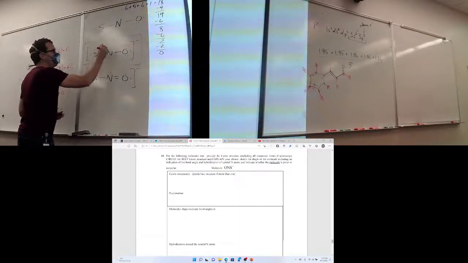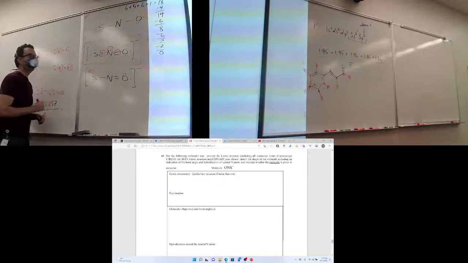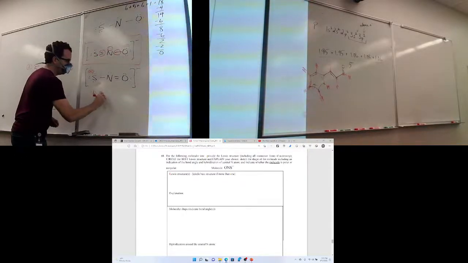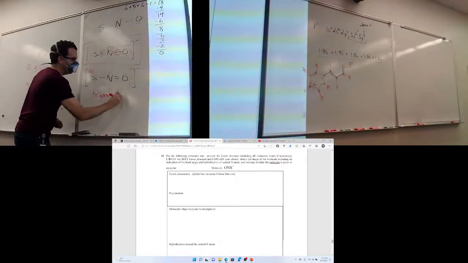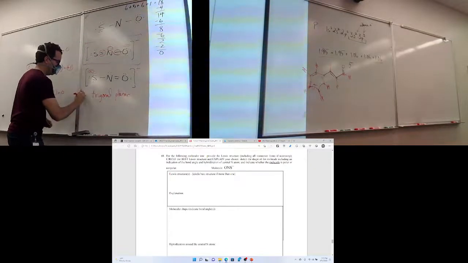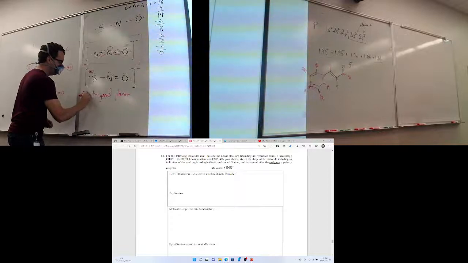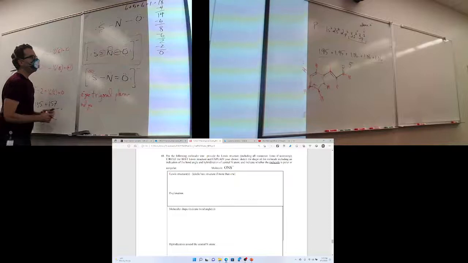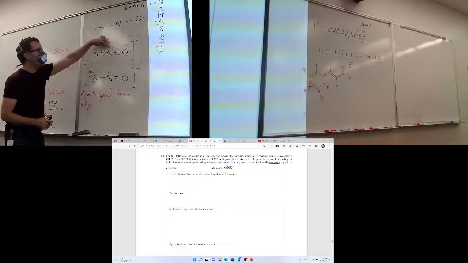I get 1, 2, 3 groups of electrons around that nitrogen. So that's trigonal planar electron geometry. The molecular geometry is not the same though, because this is not a bonding pair, it's a lone pair.